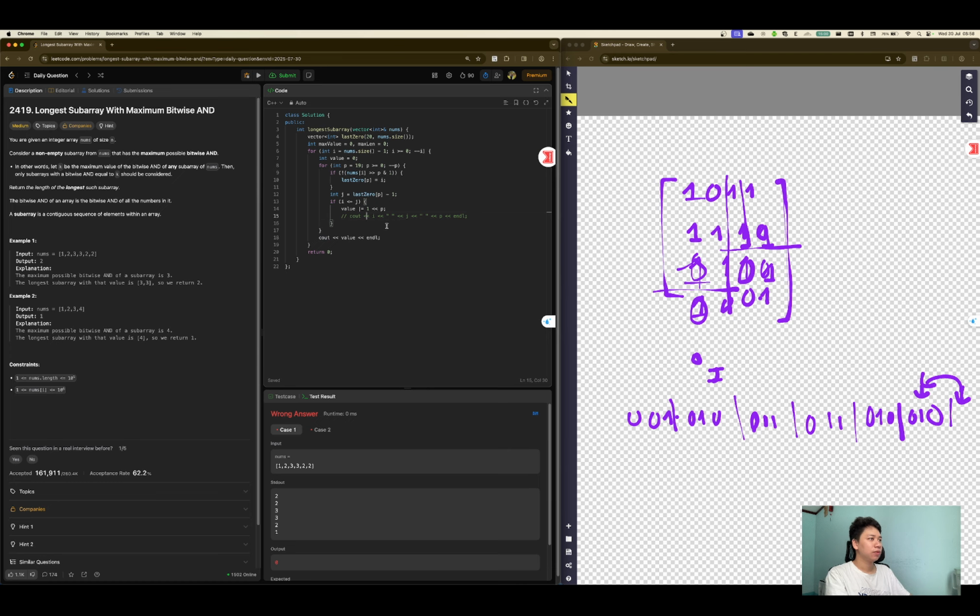Alright, good. If value is larger than max value, we store max value in value and max length here is actually, oh my god, what is that? Oh, that's why we need to store the min value. Oh my god.